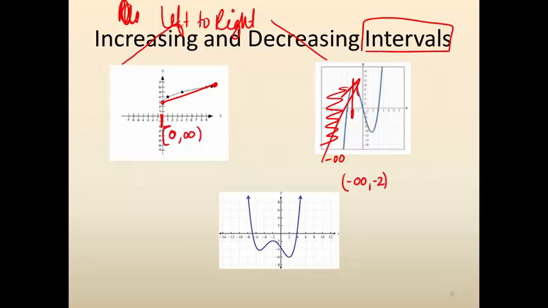And then we start increasing again when we get to +2 to positive infinity. This is all increasing. So we're going to get a chance to talk about this in class, but please take notes. I know this might be a little bit challenging to do on the paper. But we'll keep talking about it. So this interval in between here, which happens to be from -2 to +2, that's your decreasing interval. These first two are your increasing intervals.